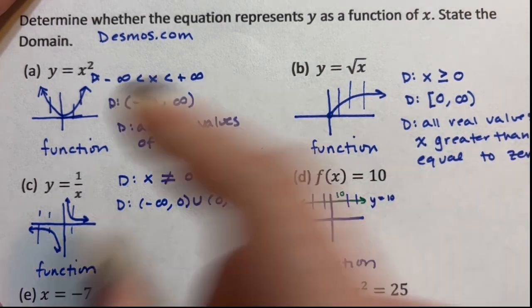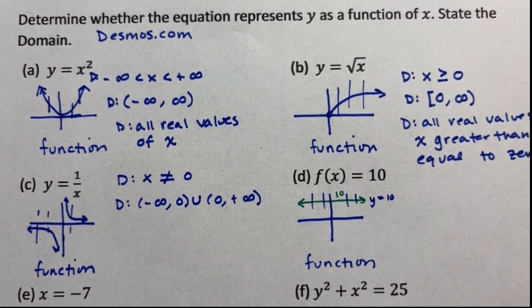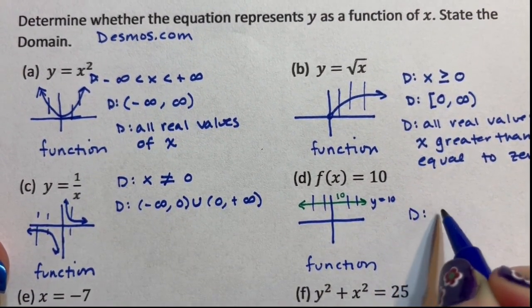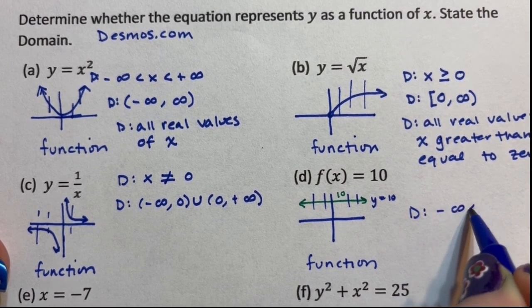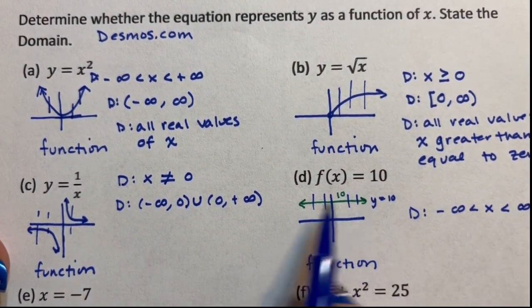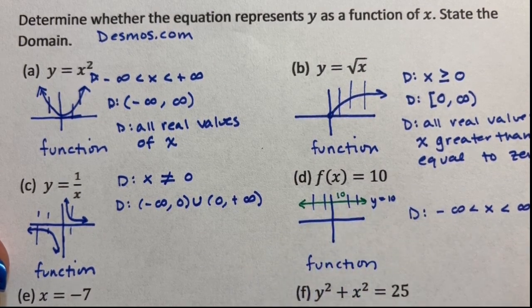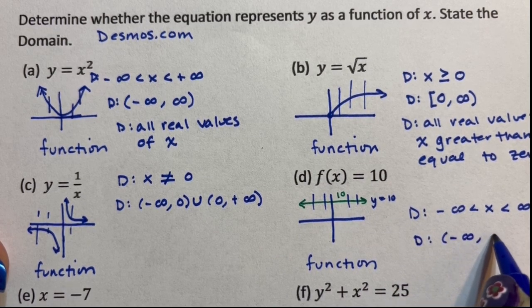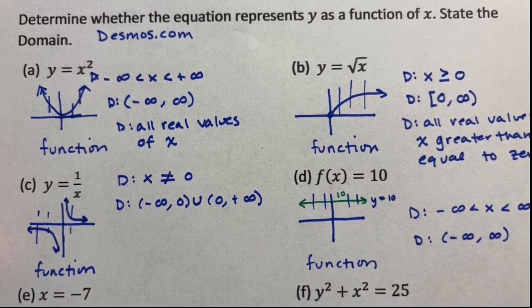And the domain, just like our first graph, our domain is going to be all real values of x. Because there are no restrictions, it goes forever left and right. So it ends up being negative infinity to positive infinity, all real.